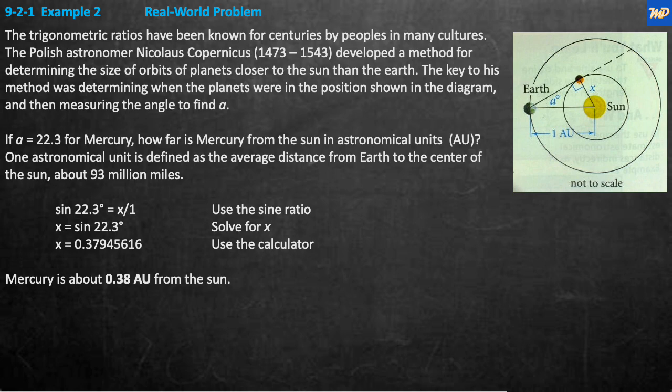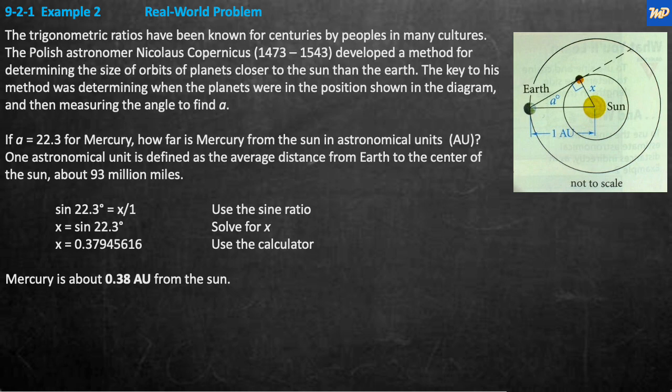The key to his method was determining when the planets were in the position shown in the diagram here to the right, and then measure the angle A. Okay, so if A is equal to 22.3 degrees for Mercury, how far is Mercury from the Sun in astronomical units, or AUs they call them?